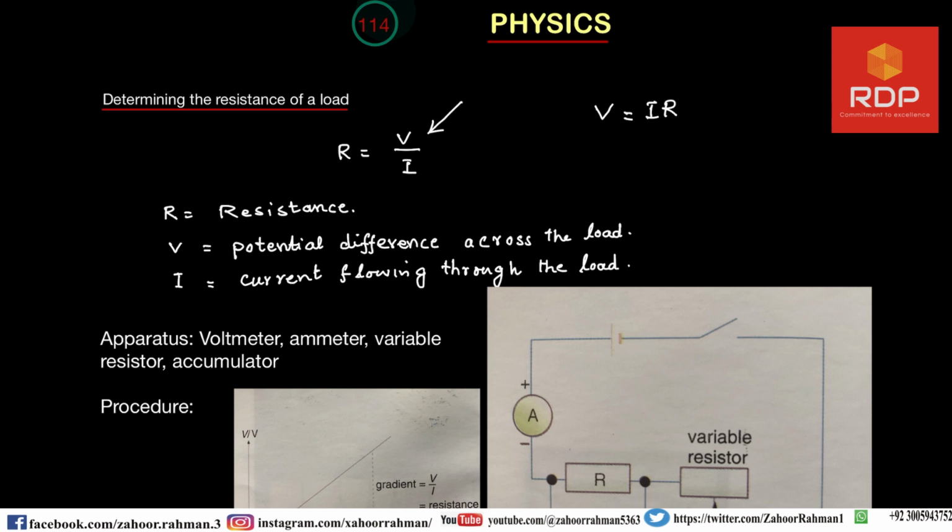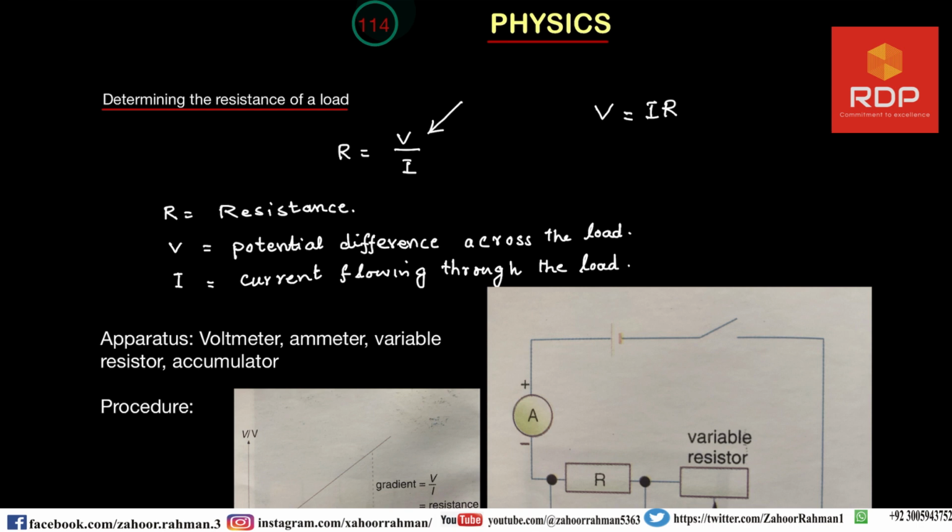The resistance of this load can be calculated using the definition of resistance, and that is written for you. R is equal to V divided by I. So the ratio of voltage to current is giving us the resistance.